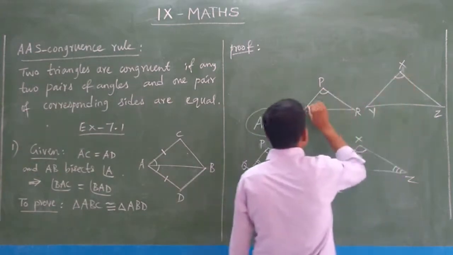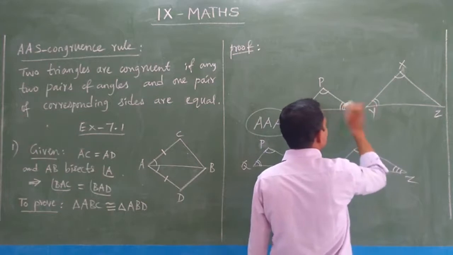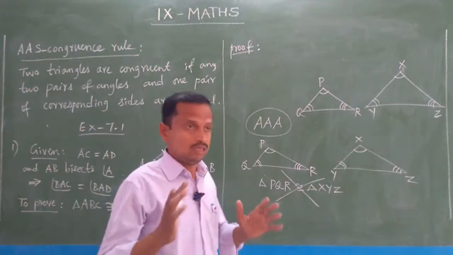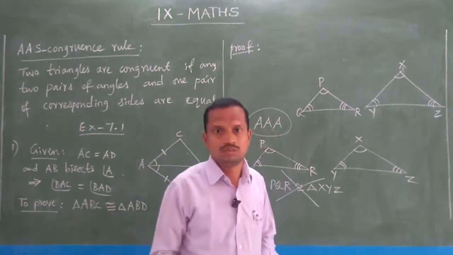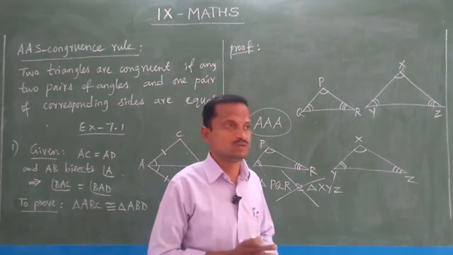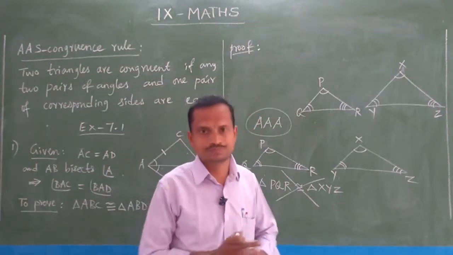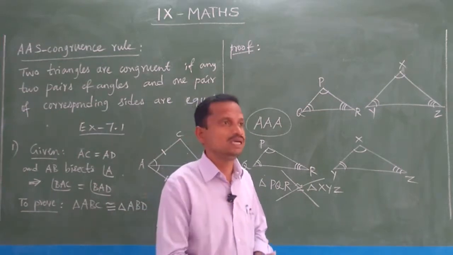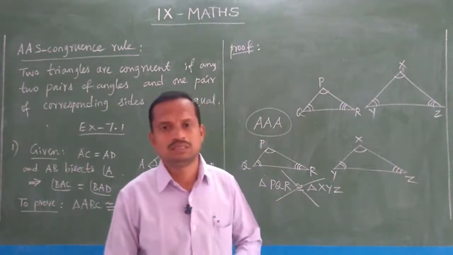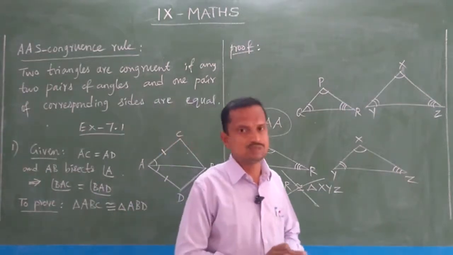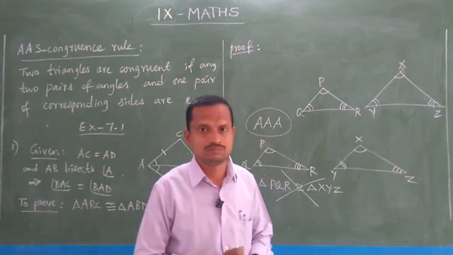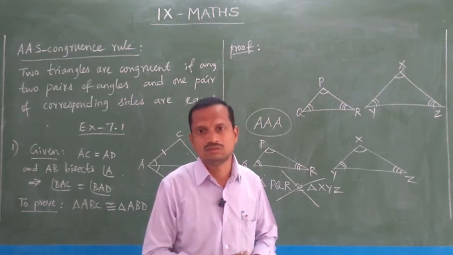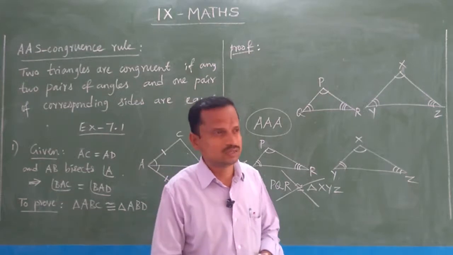Only the corresponding angles are equal. But what about the size? The size should not be different. What's the definition of congruent? Whichever the shapes and size should be equal. Then only we can say that shapes are congruent shapes. Clear? The shape and size of objects should be equal. Then only we can say they are congruent.